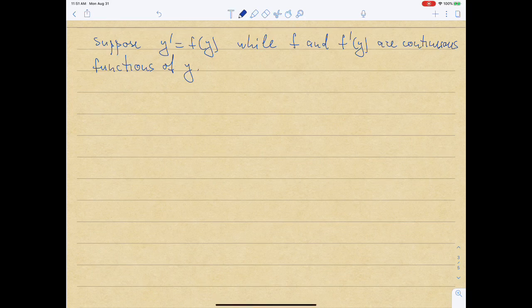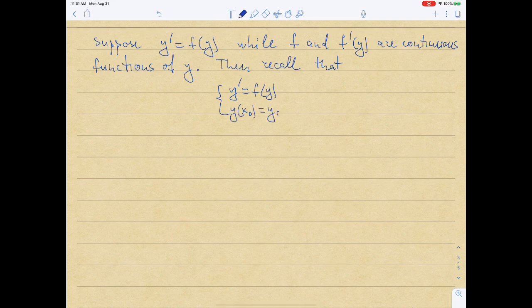So one thing that we can recall from a couple of lectures ago, we determined that if I want to solve the initial value problem, y prime equal to f of y, y of x0 equal to y0, as long as the function f is such that near the point x0, y0, f is continuous, and its derivative with respect to y is continuous.